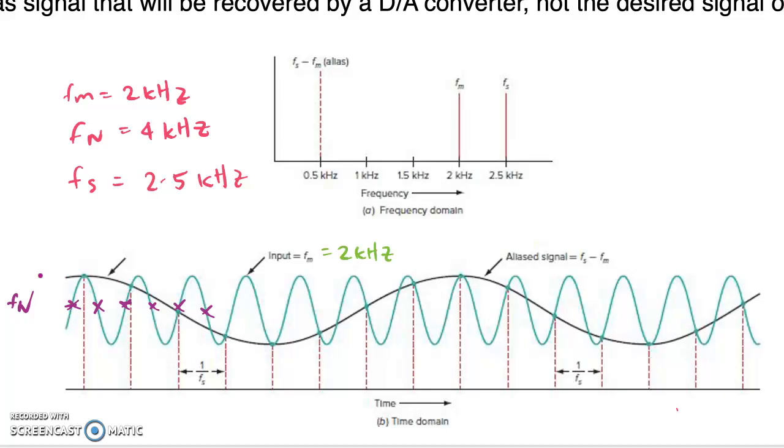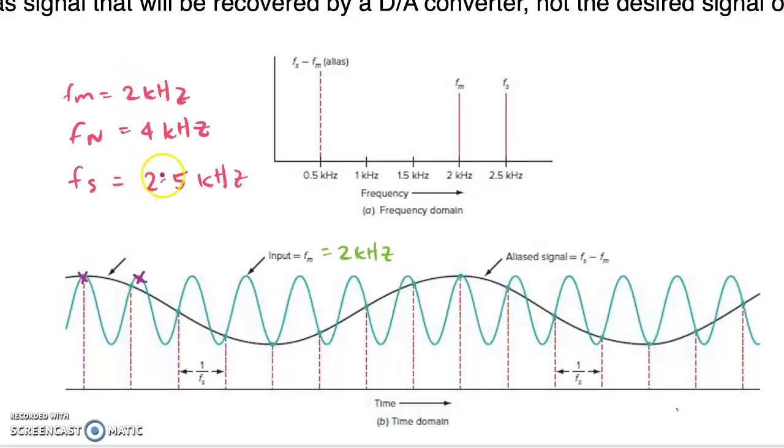But in this case, what you're sampling is Fs equal to 2.5. It is faster than FM, but not as fast as we want it to be. So again, if I start here as my sampling point, if I complete one cycle, which is 2 kilohertz, it would stop here.